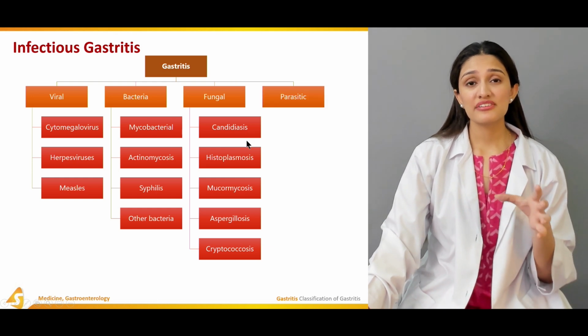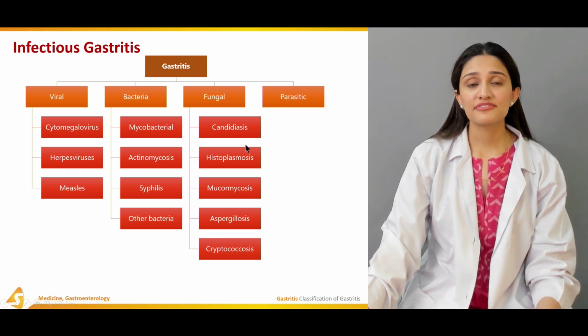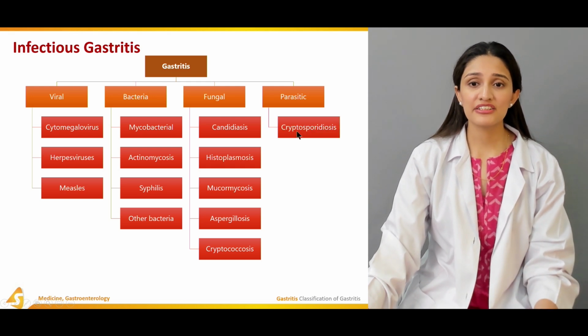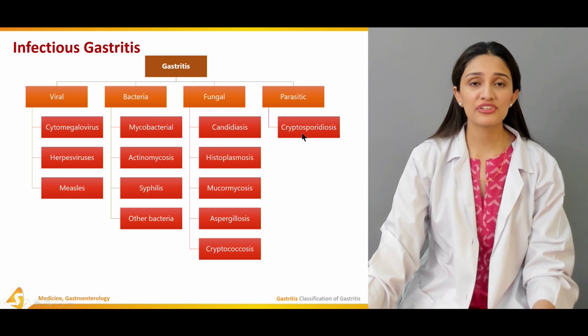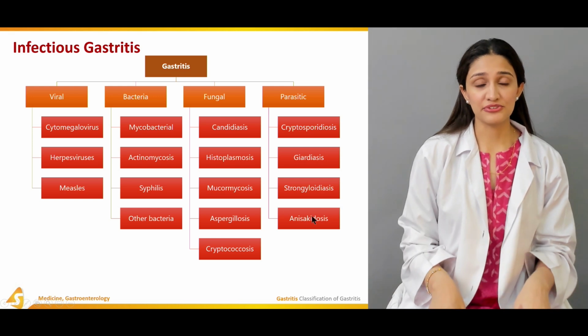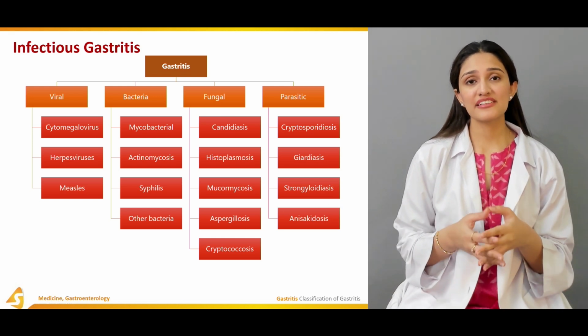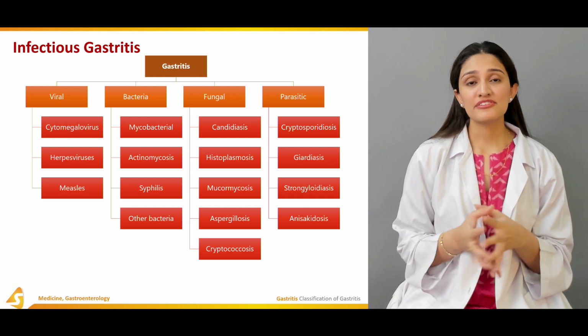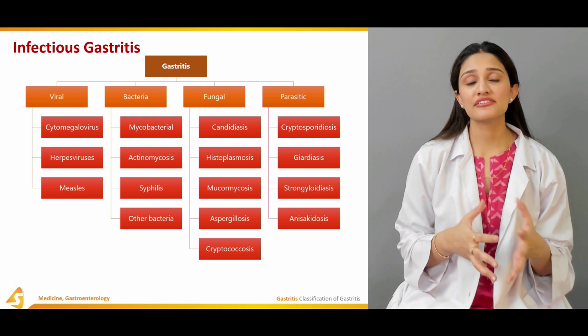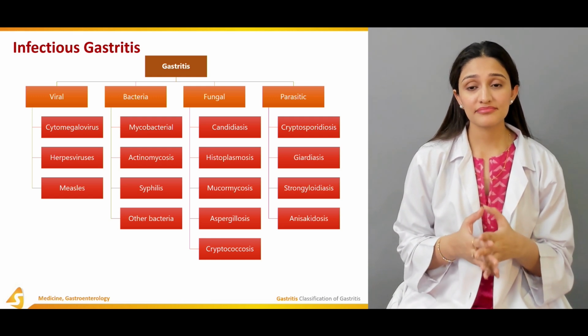Lastly, the more severe form of infectious gastritis is parasitic gastritis, including cryptosporidiasis, giardiasis, strongyloidosis, and anisakiasis. This sort of parasitic infection is more common as compared to other parasitic infections.